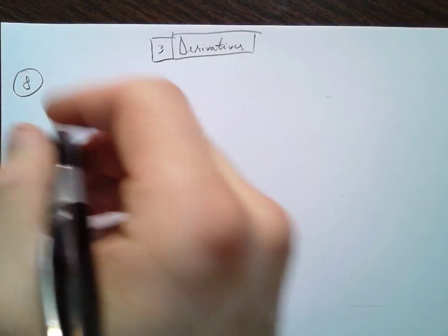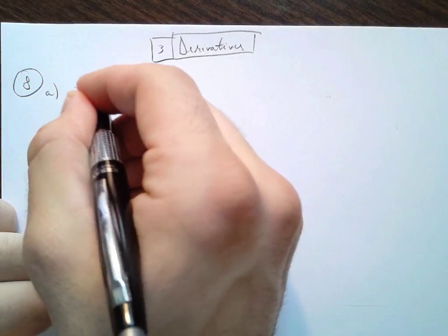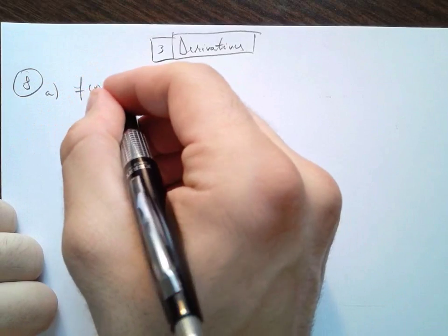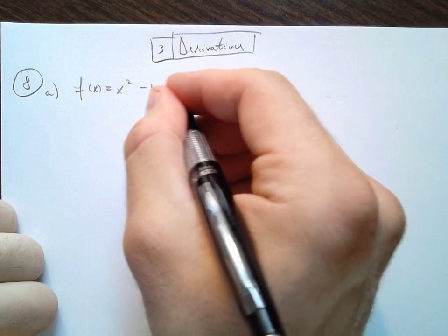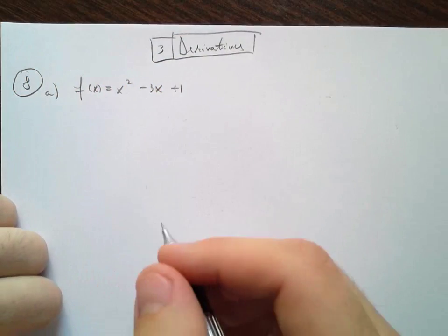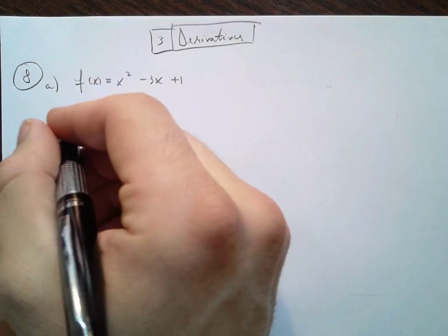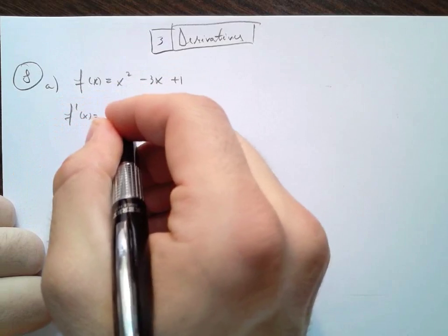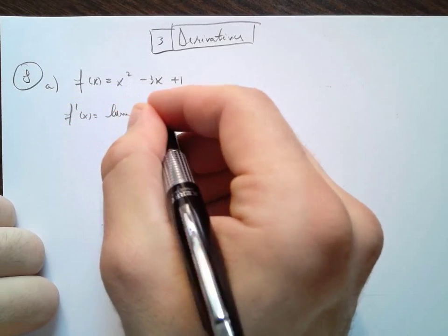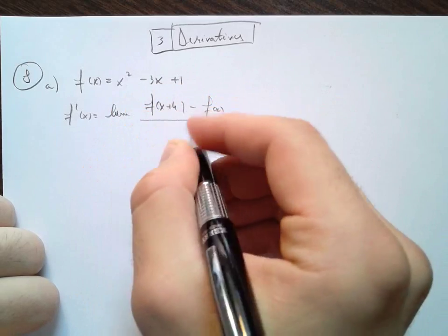I have to take the derivative of the following function, f of x equals x squared minus 3x plus 1. The derivative f prime should be the limit of f of x plus h minus f of x all over h, right?